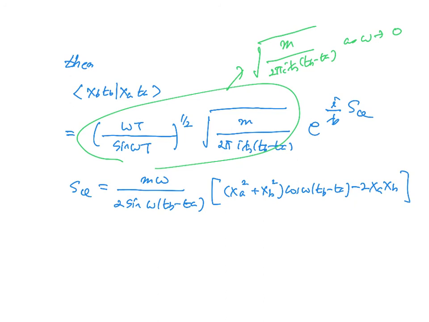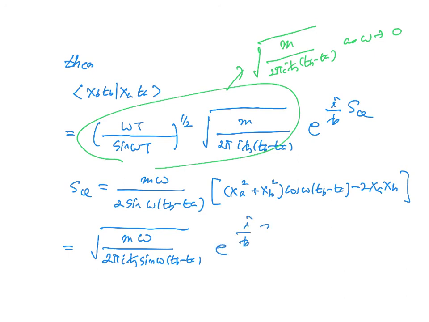So the path integral for the harmonic oscillator becomes that of a free particle, but we can write it down this way: square root of m omega over 2 pi i h bar sine omega (tb minus ta), times exponential of the semi-classical action. Okay, so let's stop for now.